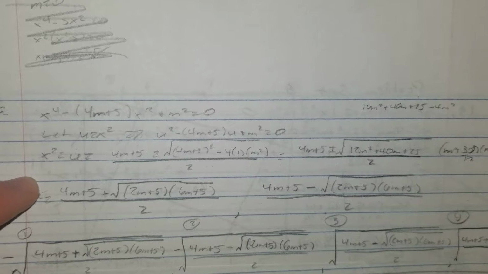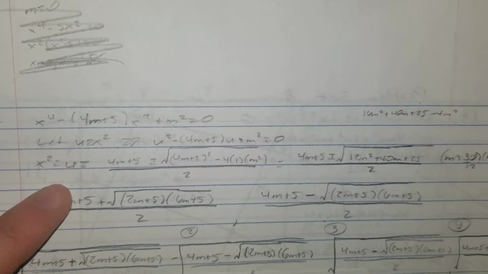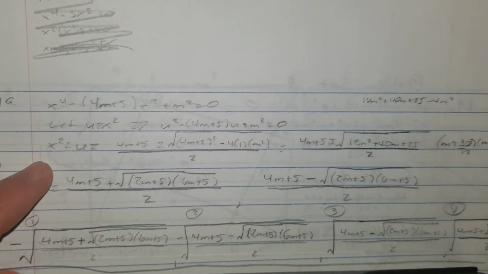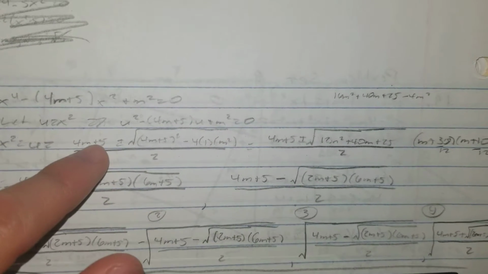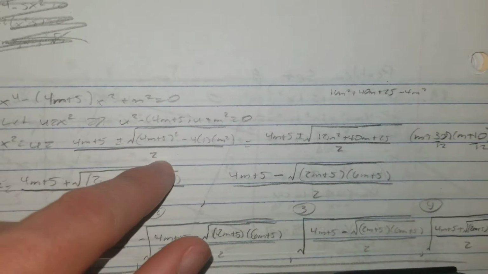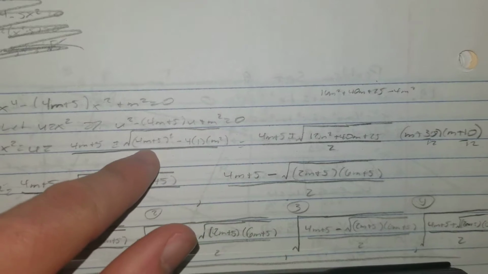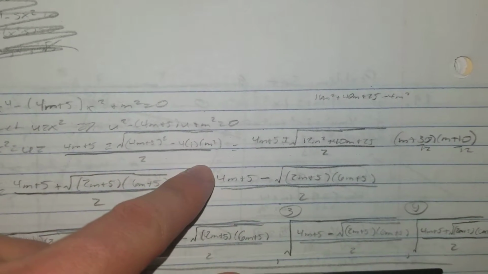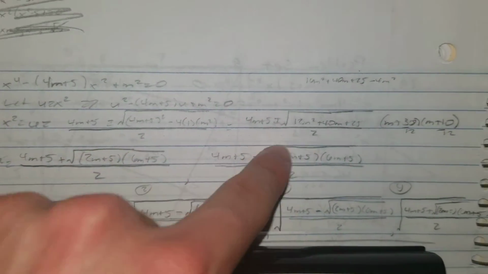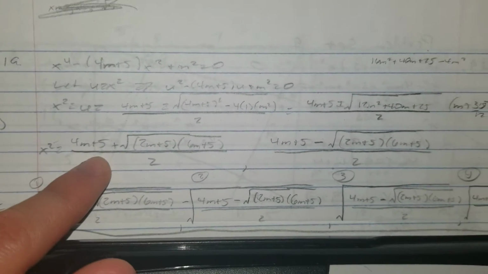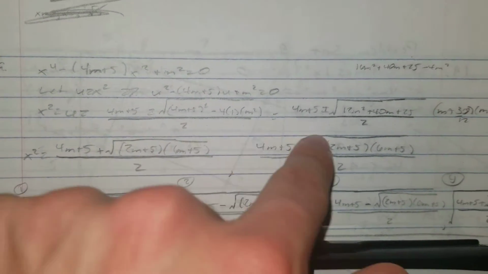And so the roots of u, which is also known as x squared, equal 4m plus 5 plus or minus the square root of all this, right? And then here's the positive version, because you get plus or minus right there.